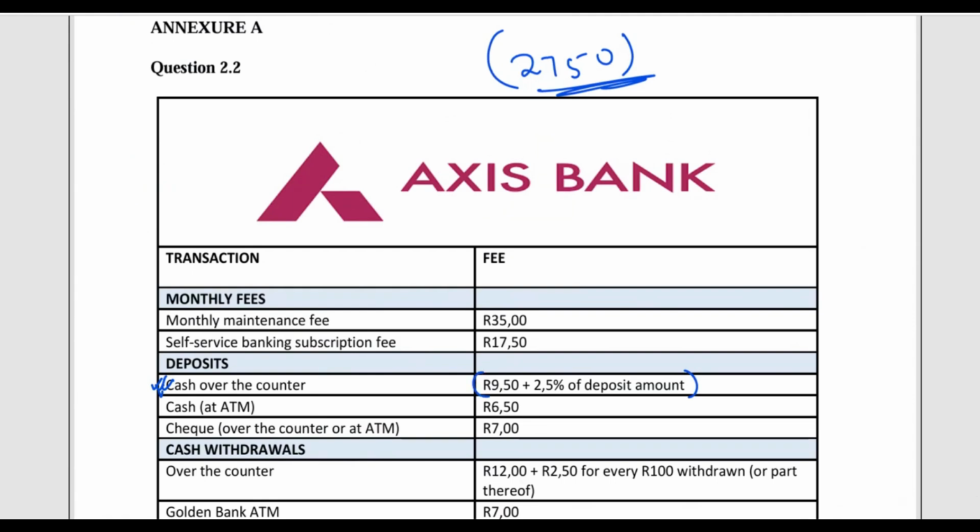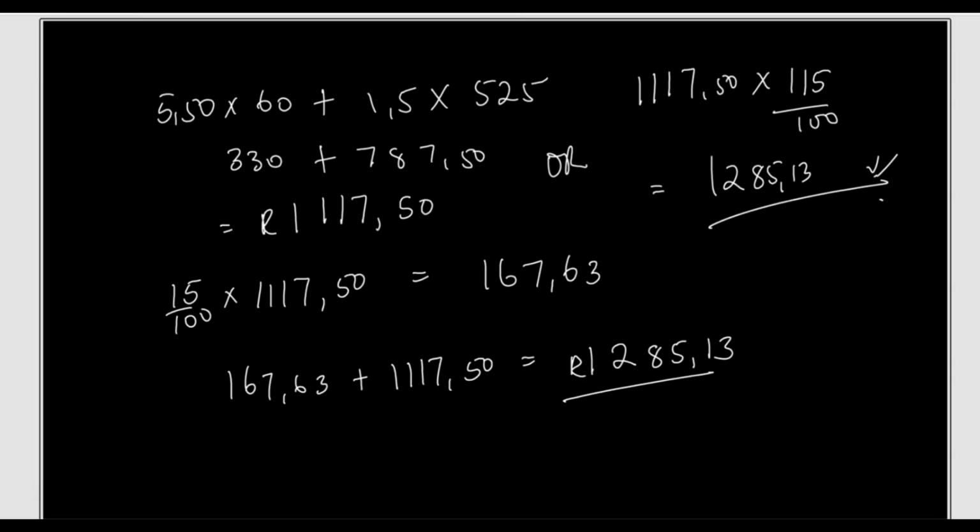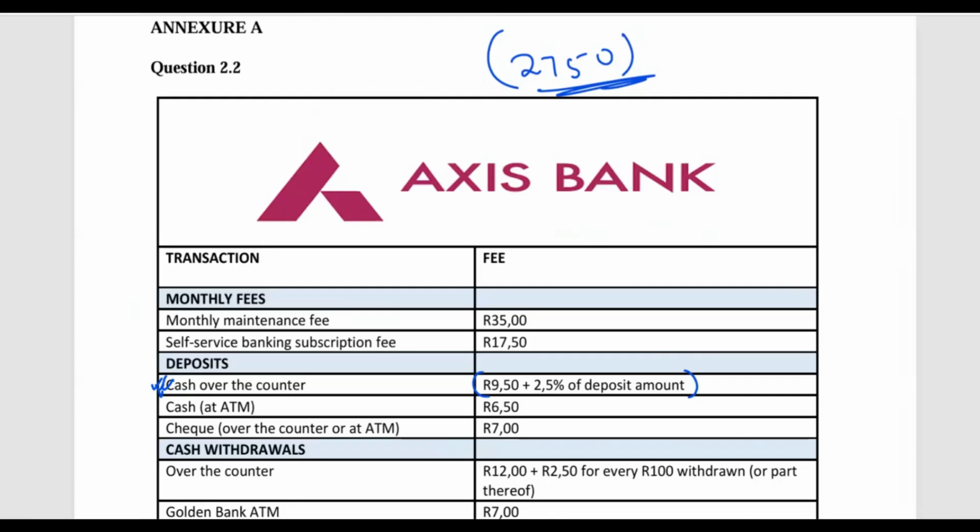All right, so what we do, you have to pay the 9.50 cents, and then you must pay 2.5% of the deposit amount. Okay, so I'm going to say 9,5 plus 2,5 over 100 multiplied by the deposit amount, which is 2,750.